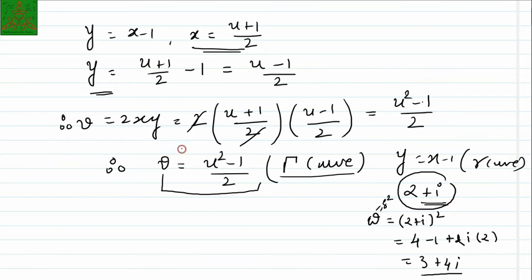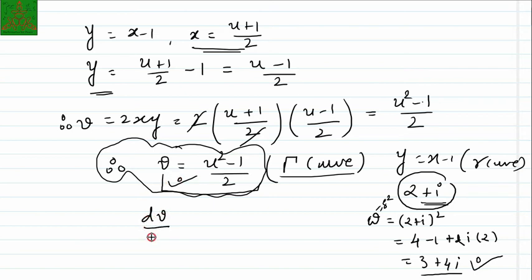So I need to calculate the slope of this curve at this point. How do we calculate the slope of any curve at a given point? By taking its derivative. So I am just taking the derivative of this equation: dv by du will be u, and at the point (3, 4), that is 3 plus 4i, we have the value of u as 3.